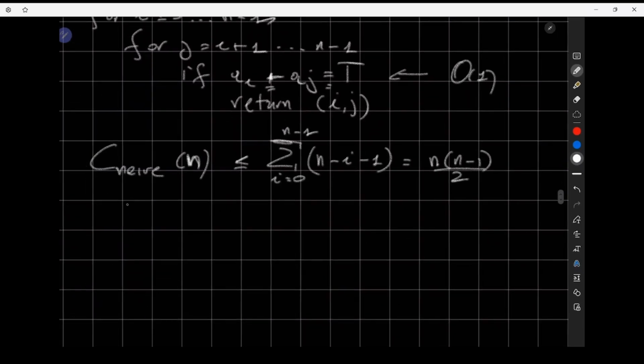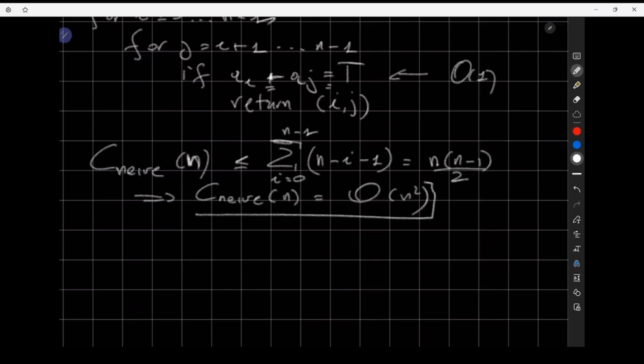And therefore, this yields that C naive of n is O of n squared, as expected.